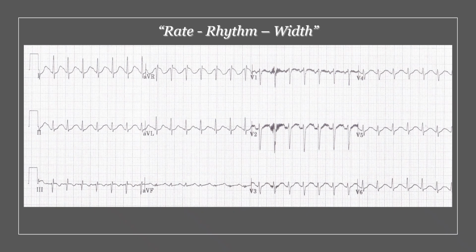The rhythm, from the regularity point of view, looks very regular. So this is a regular rhythm. And the width, whether it's narrow or broad, this is a narrow complex. So answering these 3 questions, we've got here a narrow complex, regular tachycardia.